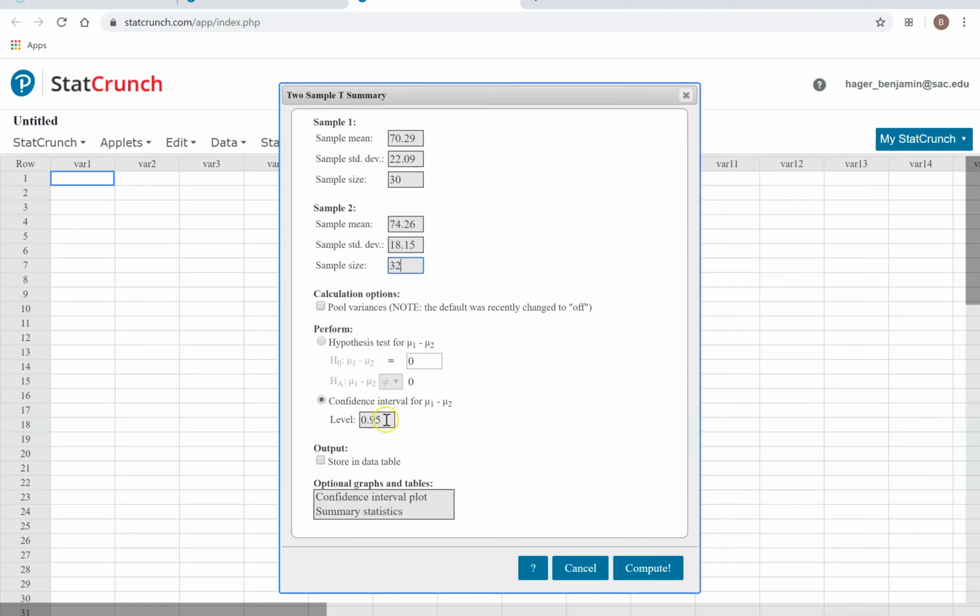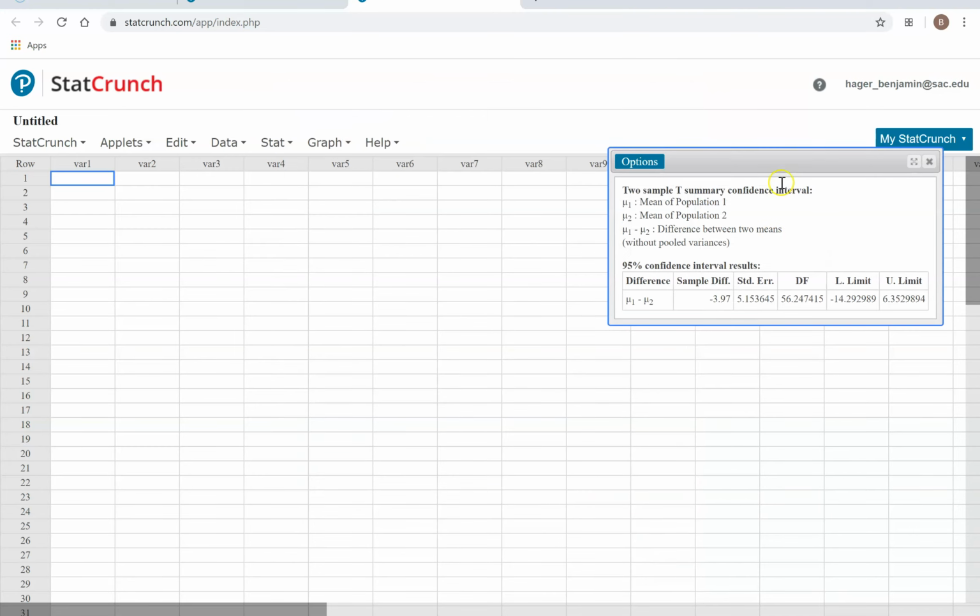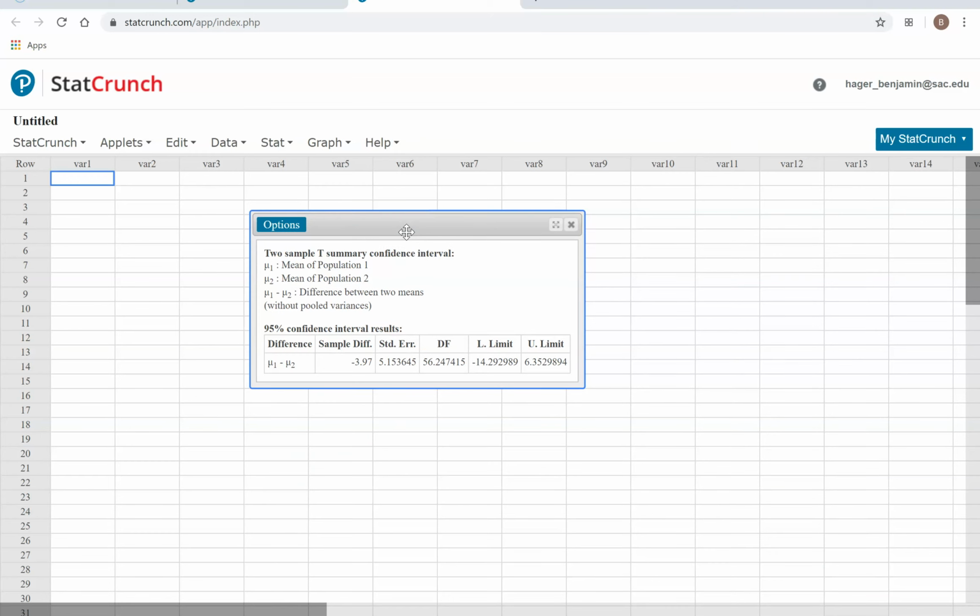I said let's use a 95% level of confidence. Let's see what we get. Here it is. My lower limit would end up being negative 14.3, and my upper limit would be 6.35. So let's say negative 14.3 to 6.4.